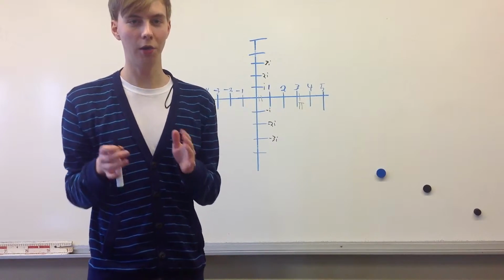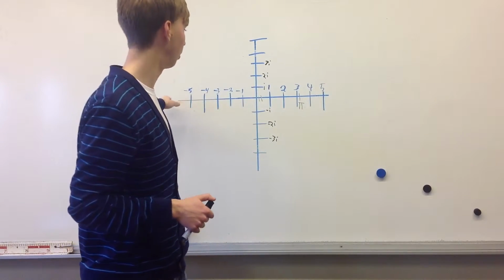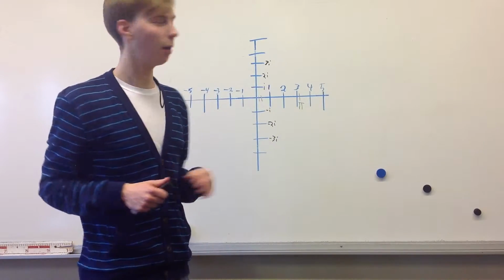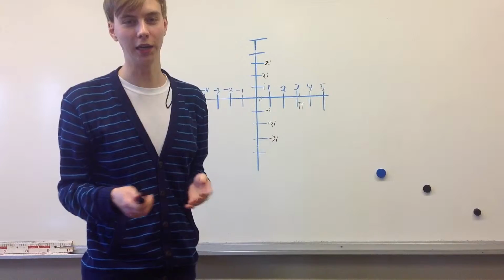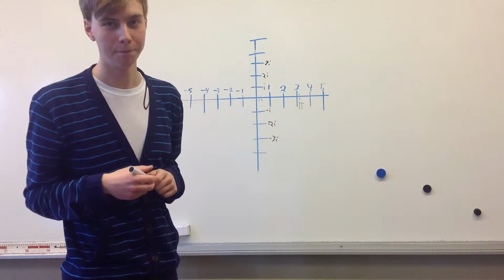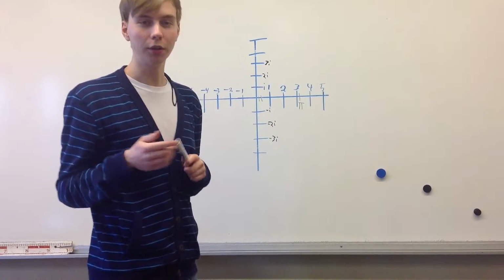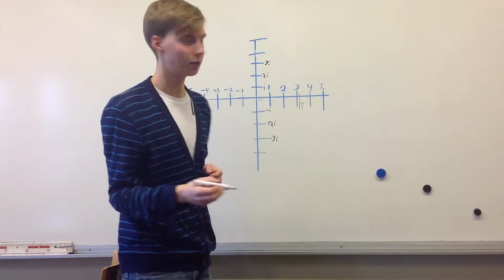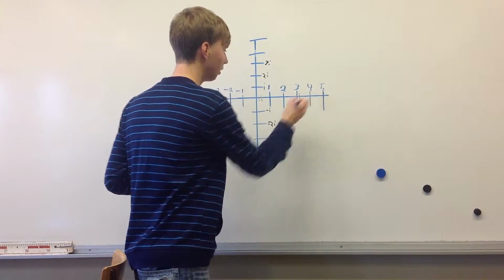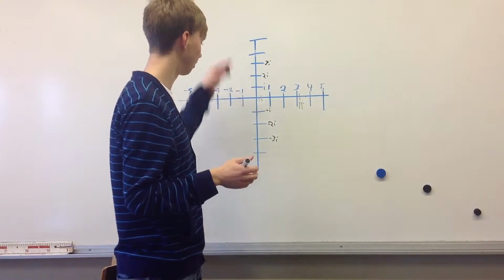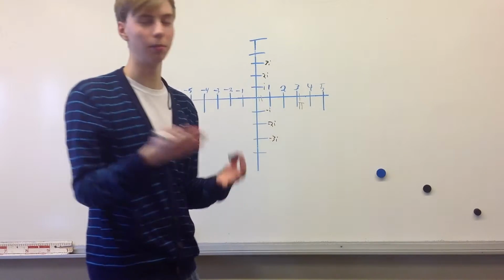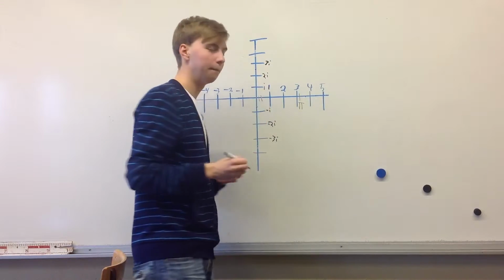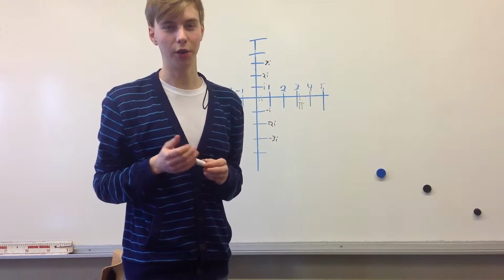Now, this area created by the real x-axis and the imaginary y-axis creates a two-dimensional plane known as the complex plane. Any point that is placed along the real axis is, of course, a real number, and any point placed along the y-axis, the imaginary axis, is, of course, an imaginary number.